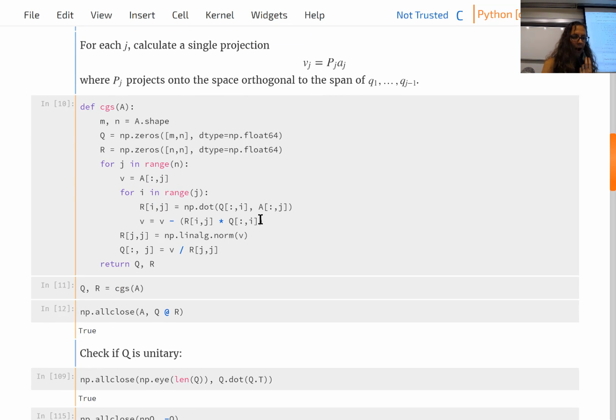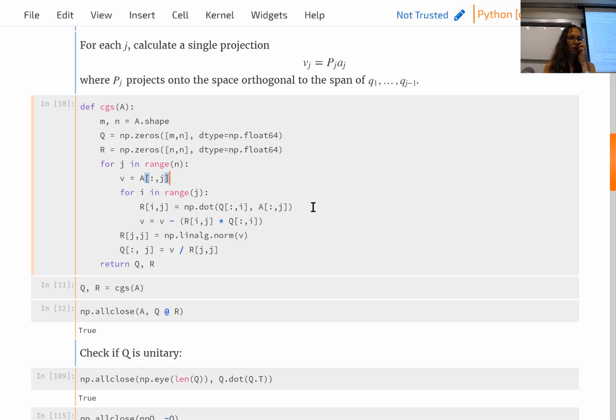So what this looks like code-wise is, we're going to pick off the jth column of V, and we need to project it onto our already existing Qs.